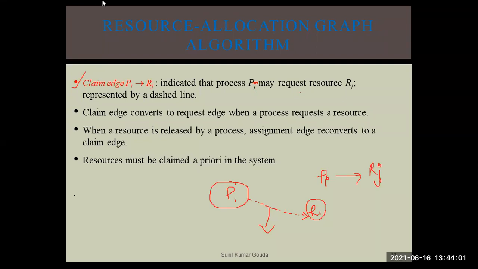So this is what you mean by a claiming edge, how the claiming edge is converted to the request edge, and when the process completes its task, how the request edge is converted again to the claiming edge.